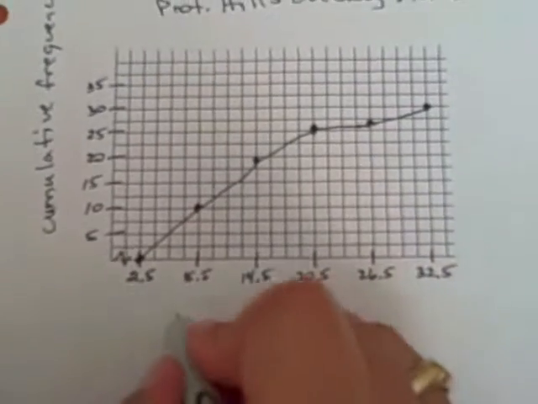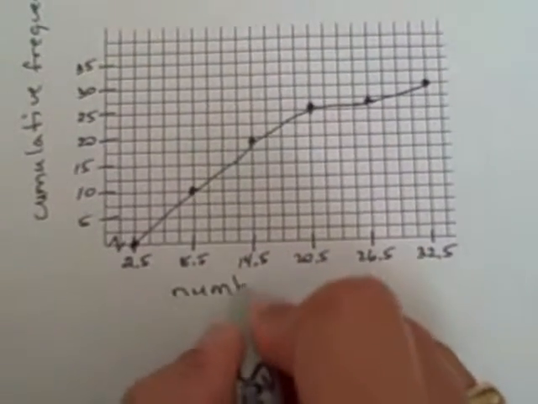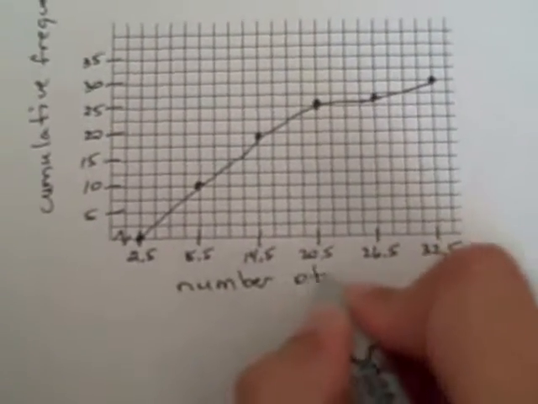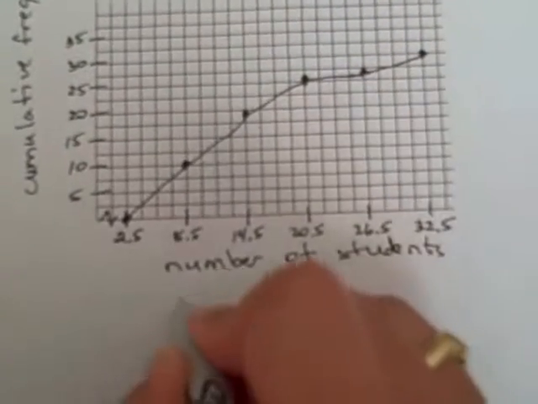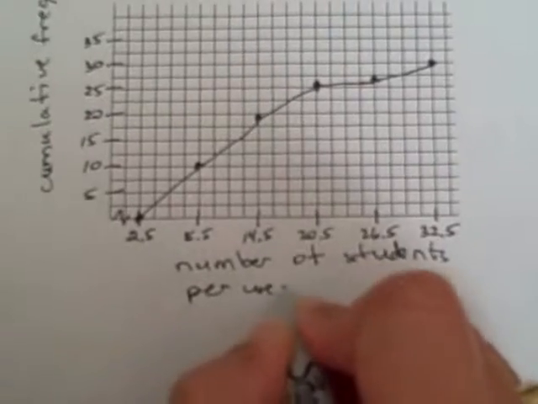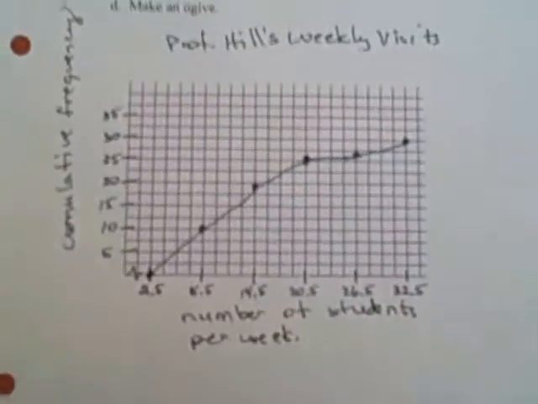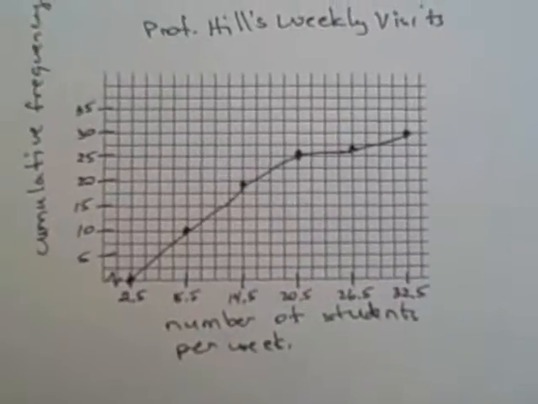And I also forgot to label my horizontal axis. Number of students per week.